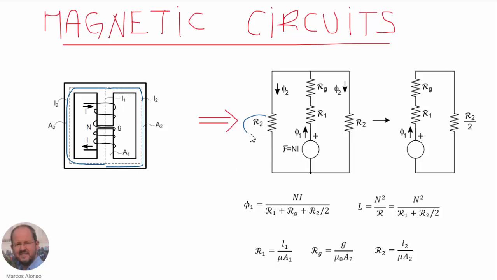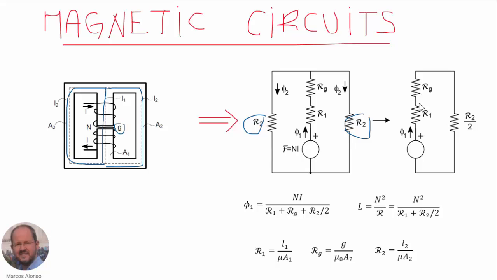So we have these two reluctances, R2, which in principle are going to be equal, and then in the center arm we have this total distance and this gap, so we have a center reluctance R1 and the corresponding air gap reluctance.